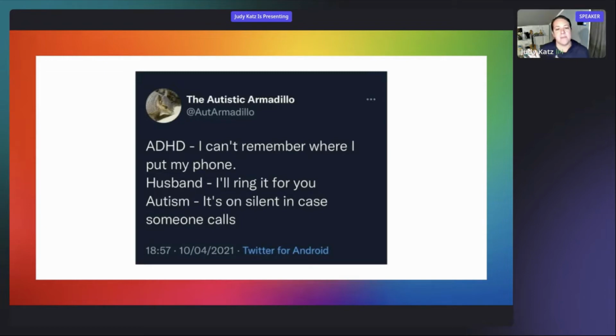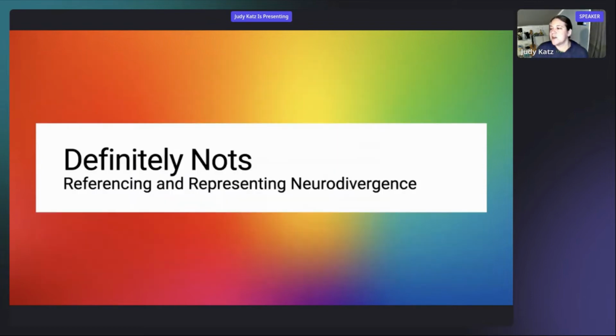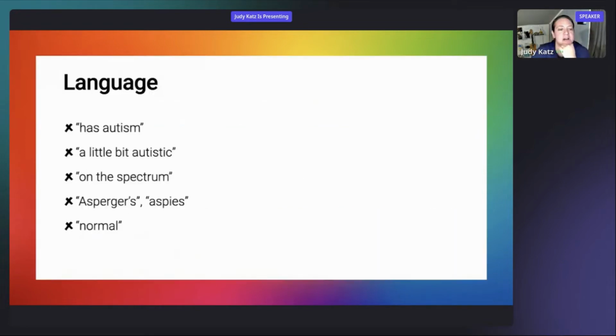And then we'll talk about the accessibility and inclusion parts of it, in terms of actually designing training differently for neurodivergent learners. Okay, so starting off with the definitely nots, the DEI portion, we're going to talk about representation and what words to use, what images to use, and what not to.